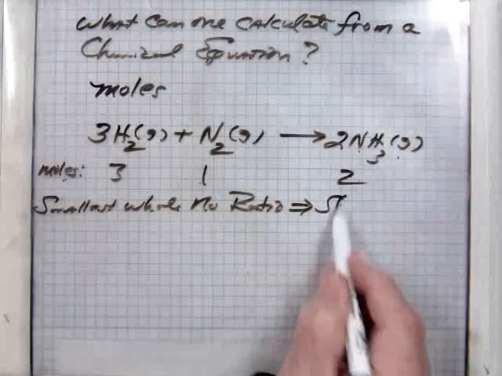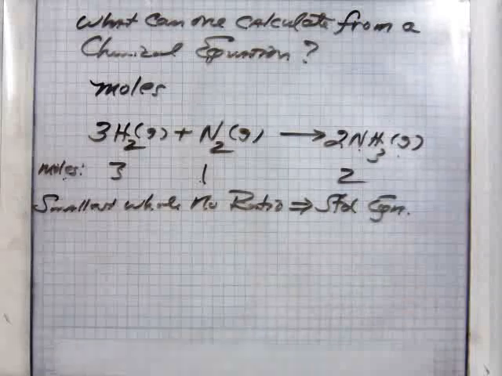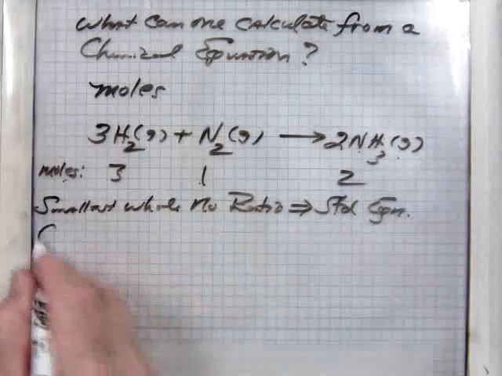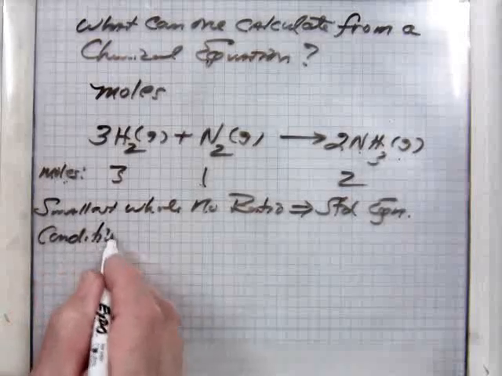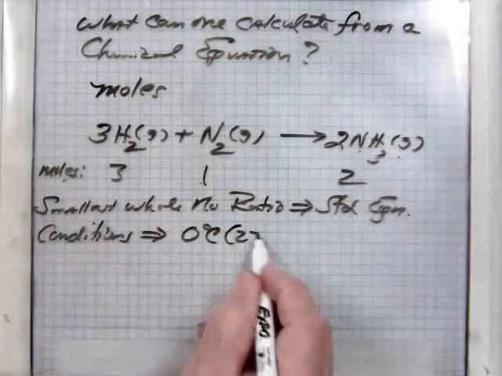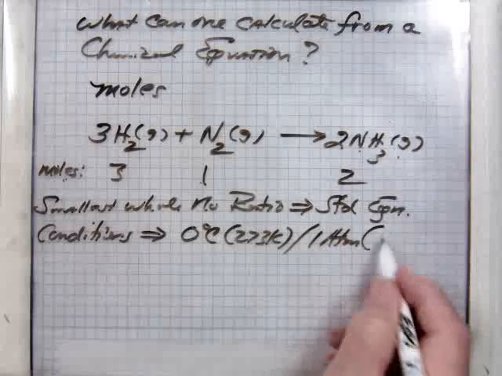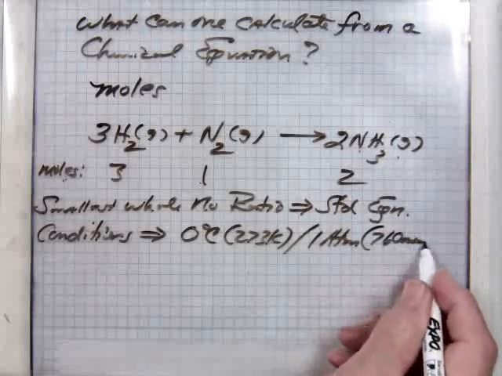That gives a standard equation, as written, and the conditions, if you remember, are 0 degrees Celsius, 273 Kelvin, and 1 atmosphere, or 760 millimeters of pressure.